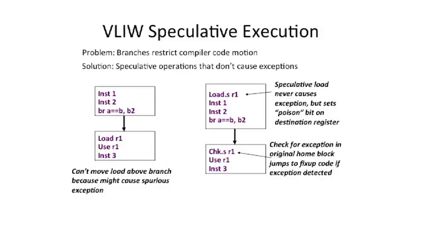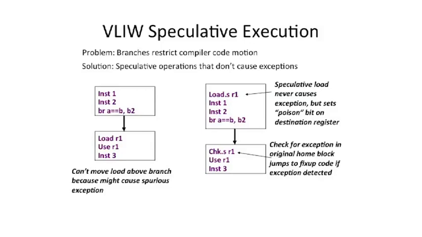So there'll be some other piece of code somewhere else we can branch to, and that fix-up code is going to re-execute the load and make sure everything is OK, and then jump back to the use. So it's speculation. We try to make sure that in the common case, when we pull this load up, nothing bad is going to happen. But we put a check in just to make sure that this is the case.